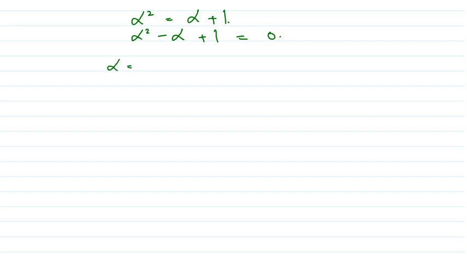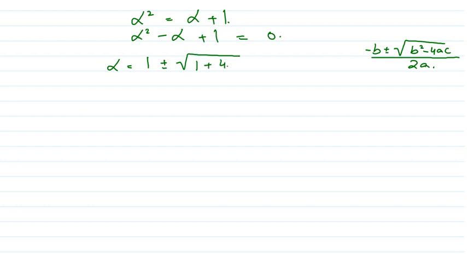So alpha is going to be, using the quadratic formula, minus b plus minus under root b square minus 4ac divided by 2a, right? So this is in fact going to be, sorry, let me erase it. Alpha is going to be 1 because here b is minus 1, so minus b is going to be plus 1, plus minus under root 1 square, that is 1, plus 4, right?